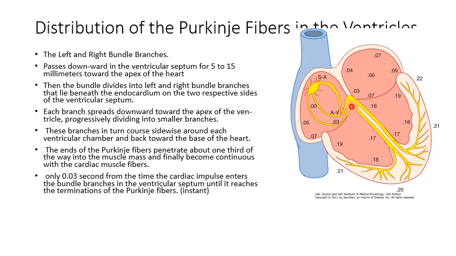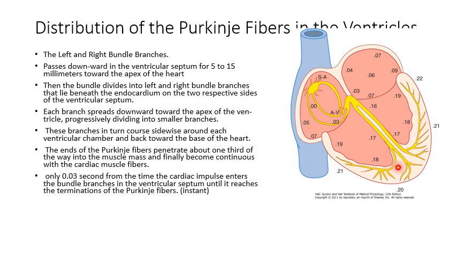So these bundles divide into left and right, and they lie just beneath the endocardium, on either the right or the left side of the ventricular septum. After that, they branch more, into smaller branches progressively surrounding the walls of the heart.